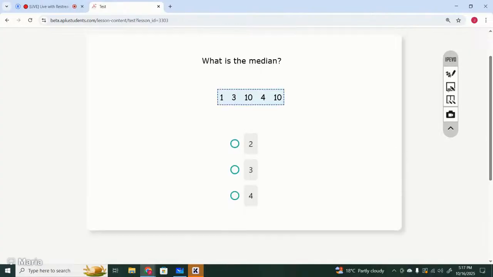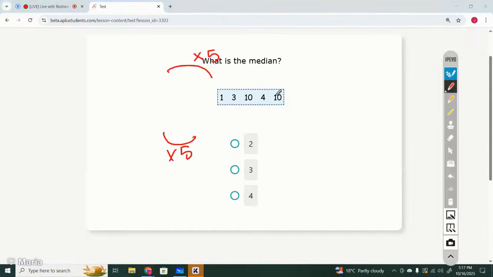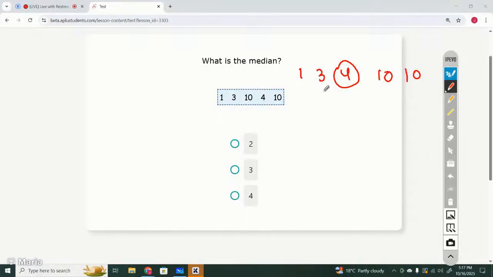What is the median? For the median, you need to arrange the numbers from least to greatest: 1, 3, 4, 10, and 10. The median is the one that is exactly in the middle of the numbers, and it divides the data into two groups.